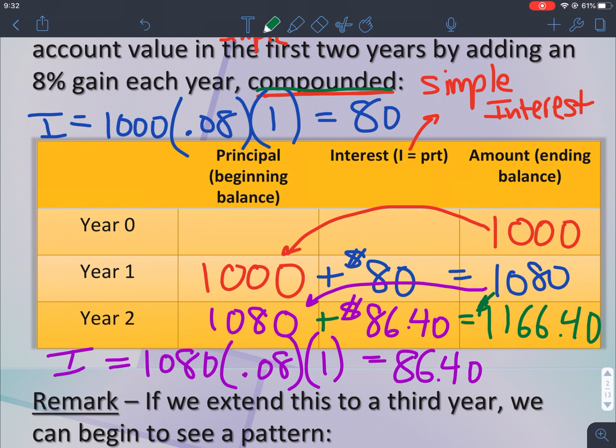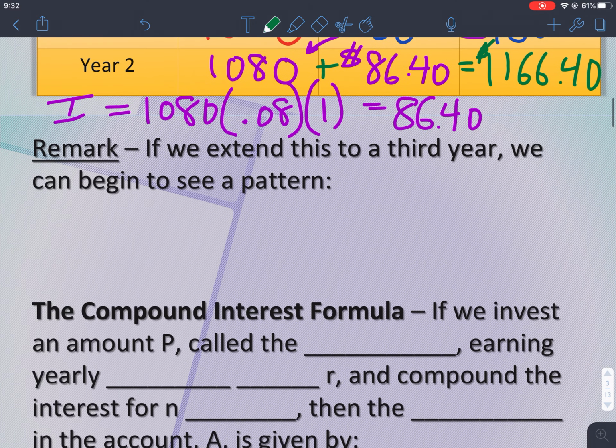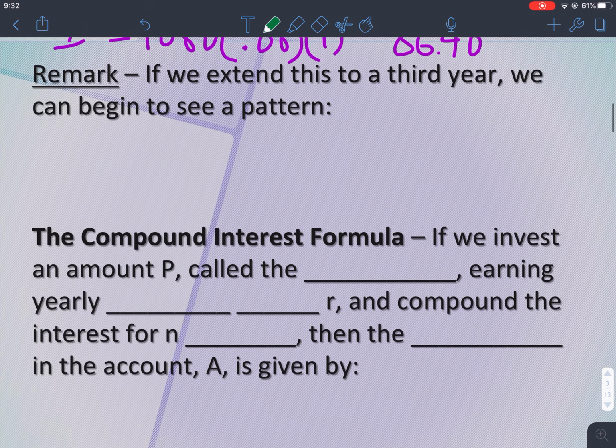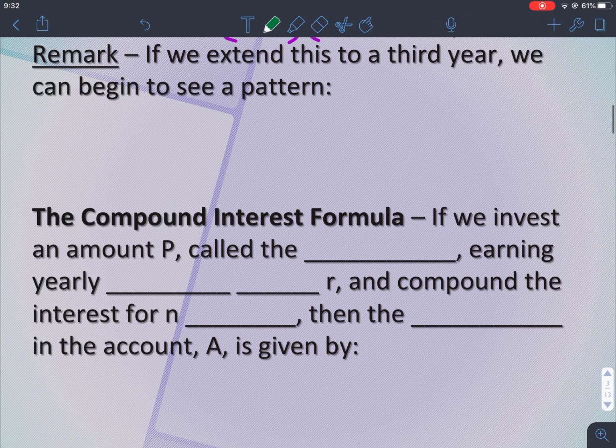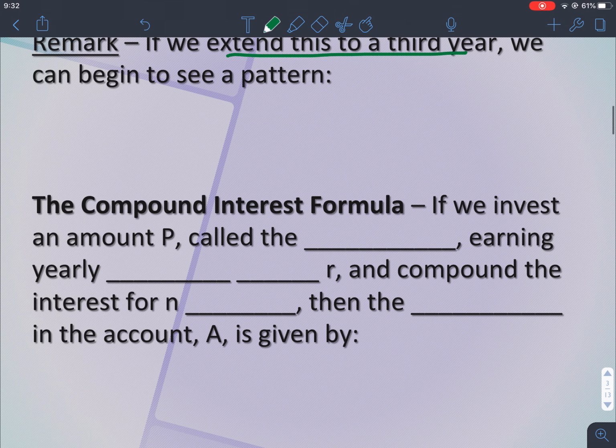Now, it would be much better instead of extending it to a third year, we could see a pattern in which it compounds every single year, and this becomes exponential. It's no longer linear. And so in order to do that, we want to talk about the compound interest formula.